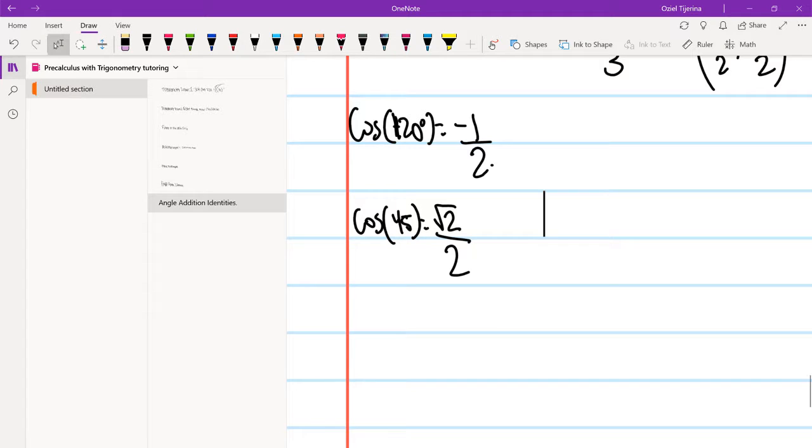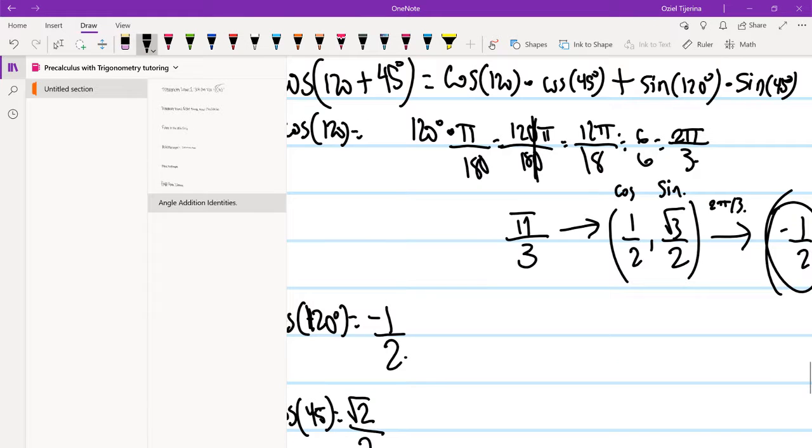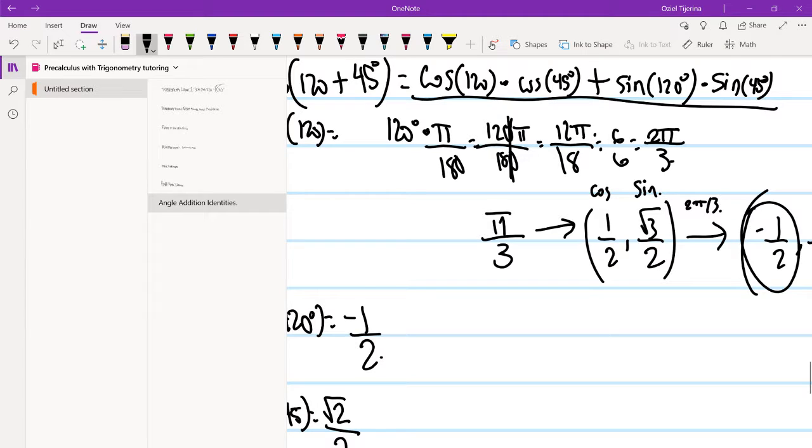And so you then plug it into your equation. Looking at this equation right here, you plug it in over here.